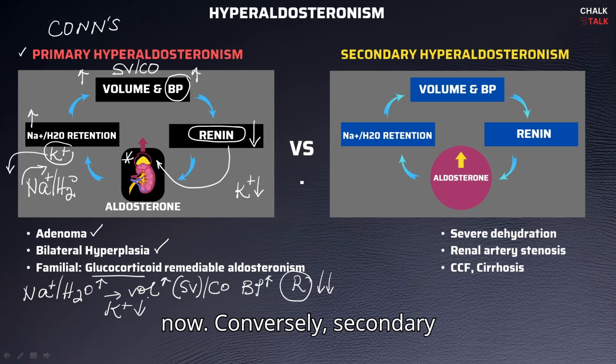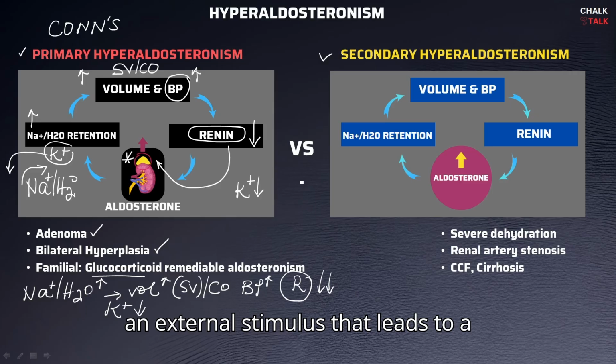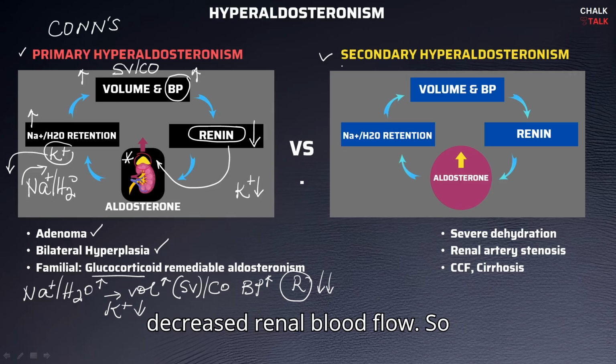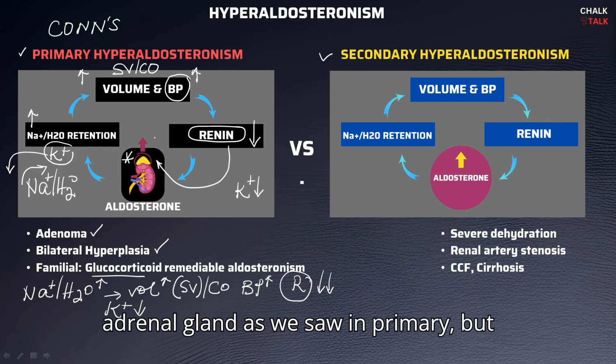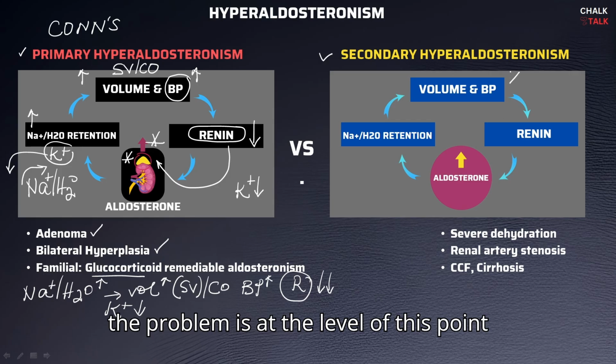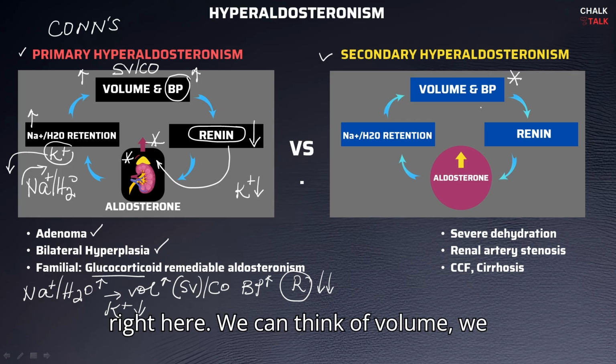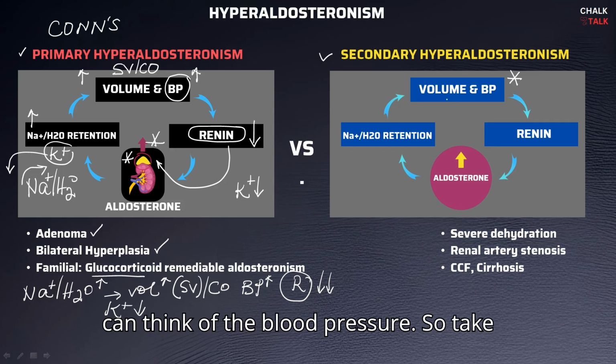Now, conversely, secondary hyperaldosteronism involves an external stimulus that leads to a decreased renal blood flow. So the problem is not within the adrenal gland as we saw in primary, but the problem is at the level of this point right here. We can think of volume, we can think of the blood pressure.